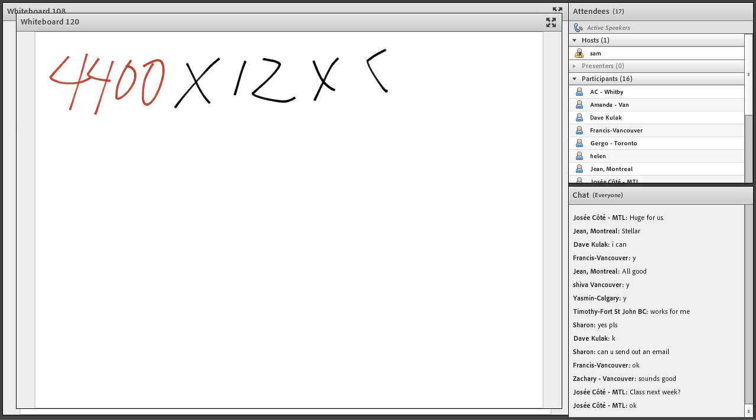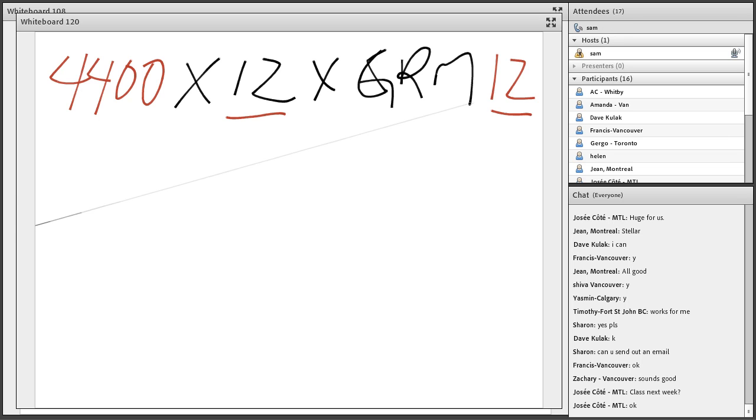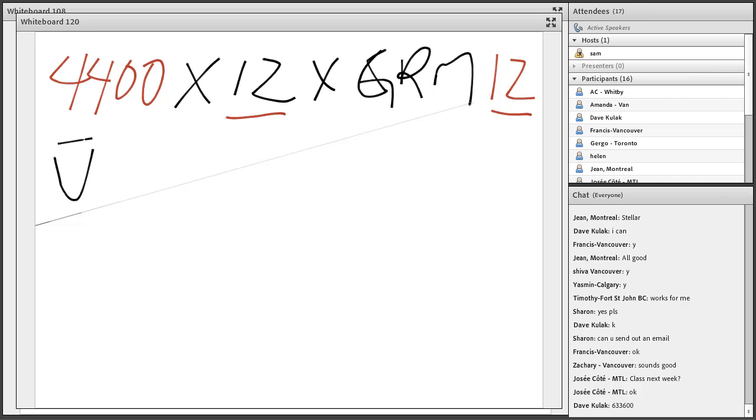So when we were talking about 4,400, what we do is we take 4,400 times 12 times the GRM, in this case we said 12. So this is the year, this is the GRM.